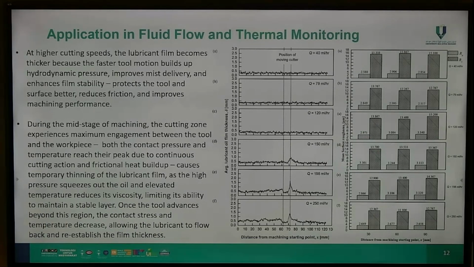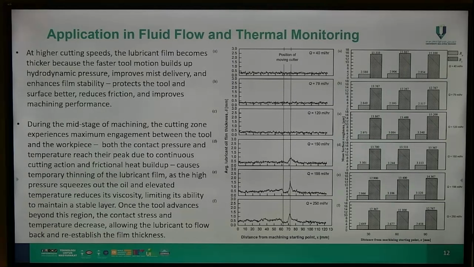Another thing we have done, which I didn't show here, is that we have another parameter, the largest cutting speed. As we increase the cutting speed, the lubricant layer thickness also becomes larger.